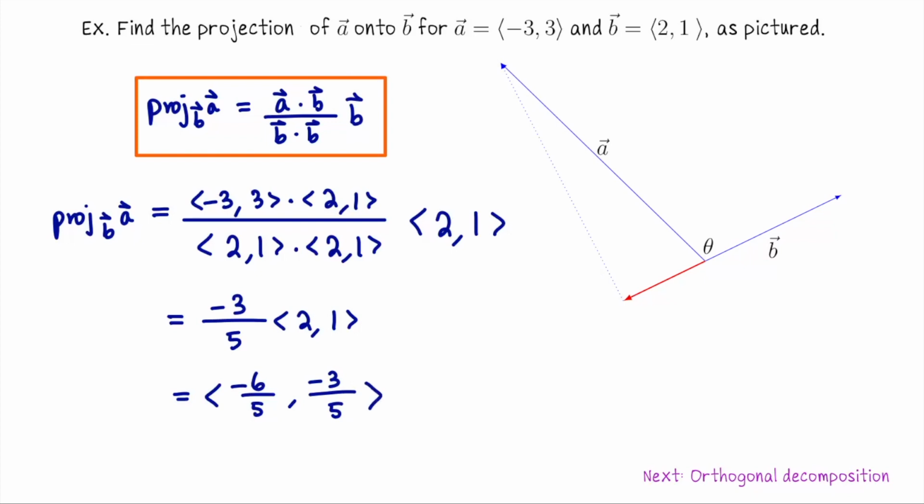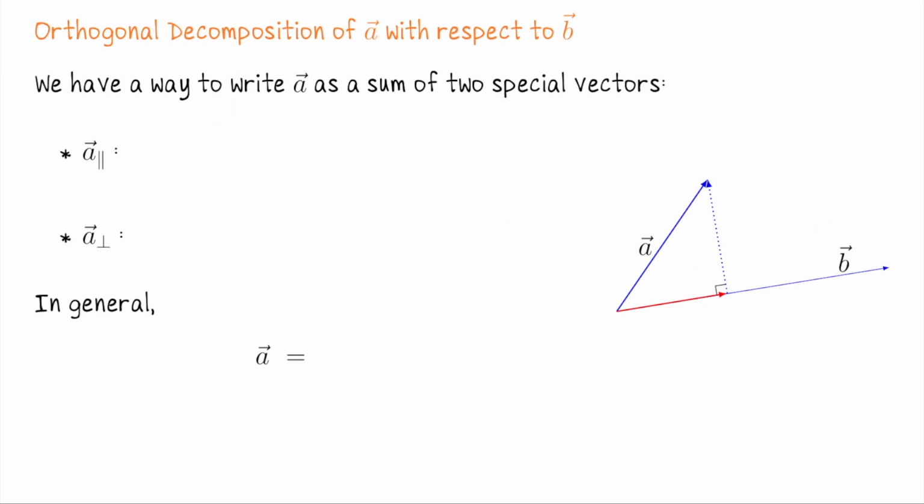Okay, let's finish this lecture with a look at orthogonal decomposition of one vector with respect to another. So we are going to orthogonally decompose the vector A with respect to B. So what I call A parallel, so A subscript parallel, is how much of A is parallel to B. So A parallel is this component right here.